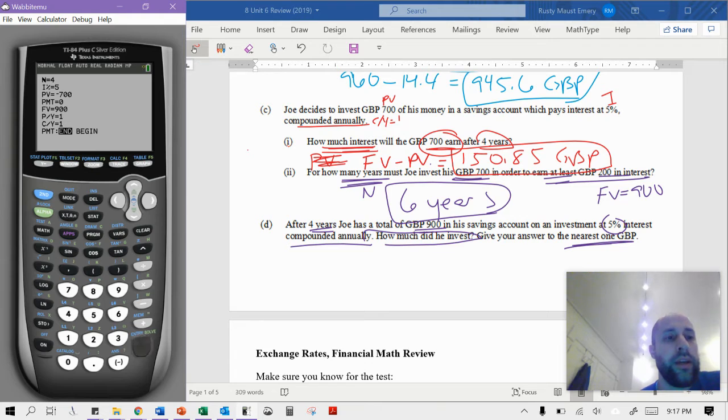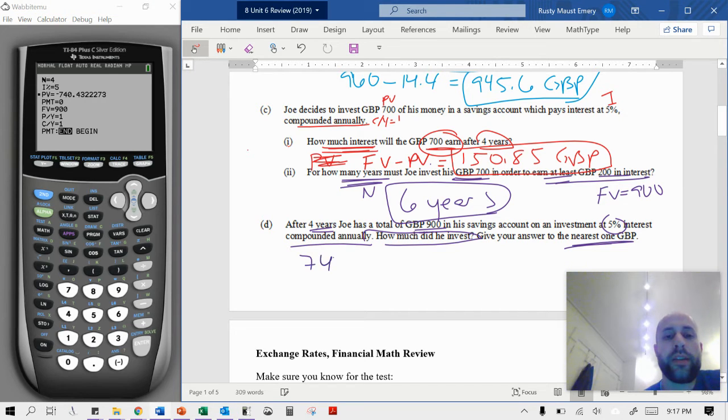So alpha enter on the present value. And that means our present value, if we invest 740.432 and so on. So if we invest that much, that means we would have 900 in 4 years. So what we need to think about, though, is if it says to the nearest 1 Great British pound, so that would be here.